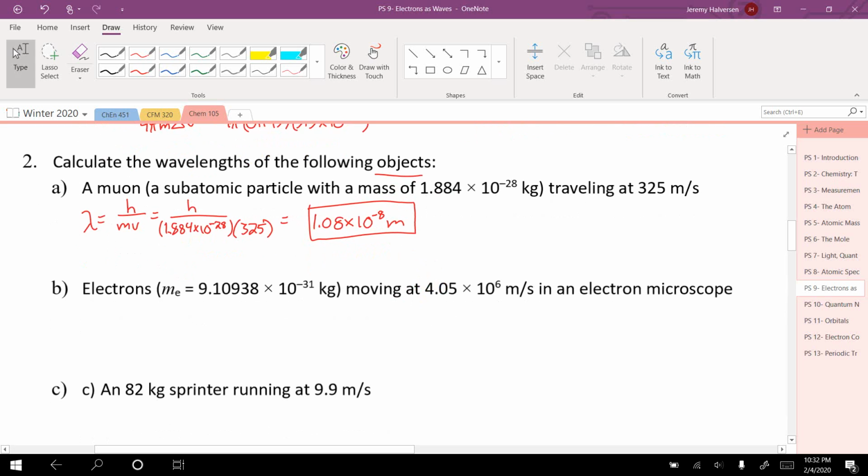Okay, next one, we got an electron. Mass of 9.10938 times 10 to the negative 31. Velocity of 4.05 times 10 to the 6th.